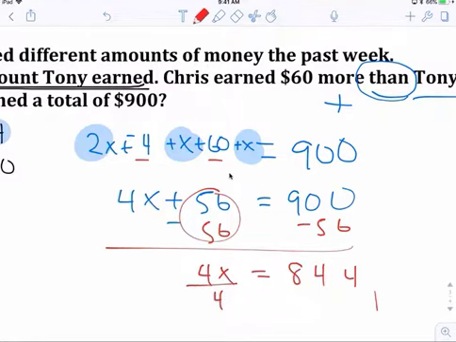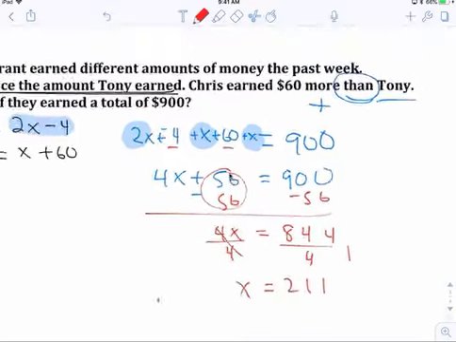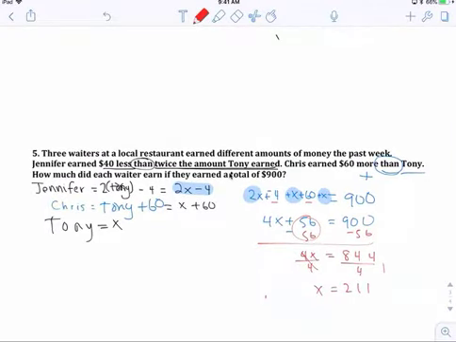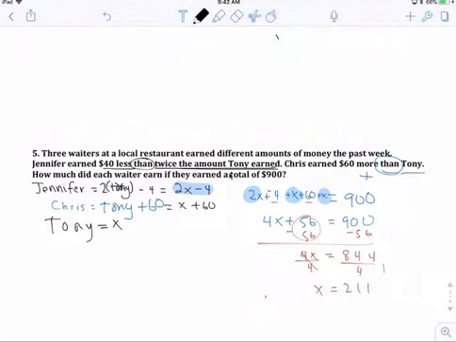Divide by 4. x equals 211. So Tony earns $211 as a waiter each week, that week.